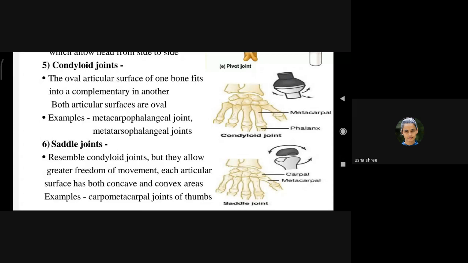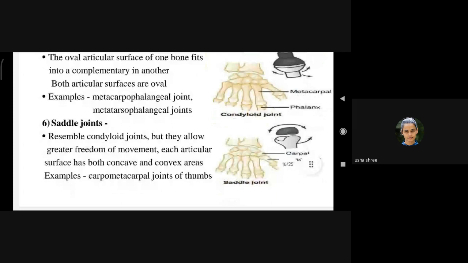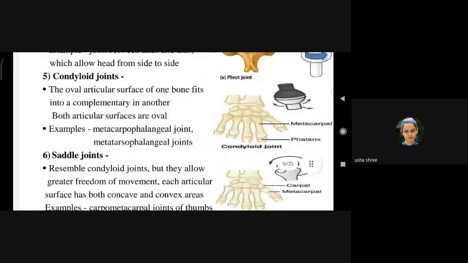Both articular surfaces are oval, like you can see here in between carpals and metacarpals. The metacarpophalangeal joint, the metatarsophalangeal joint, means the articulating surface between metacarpals and phalanges is an example of a condylar joint.